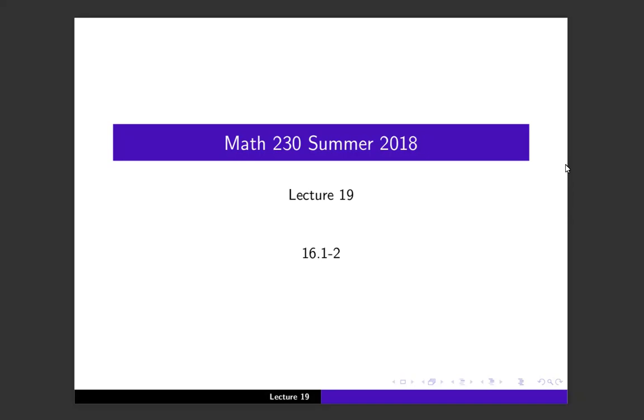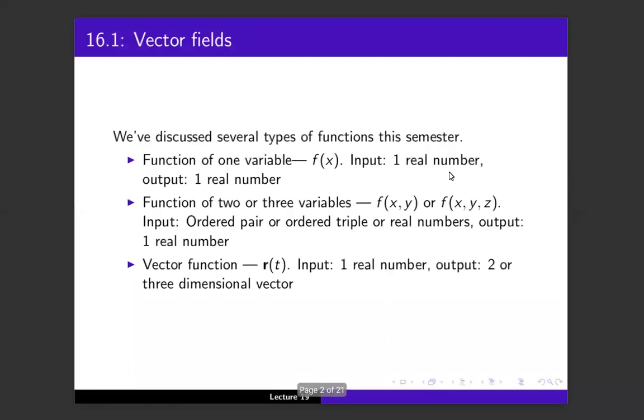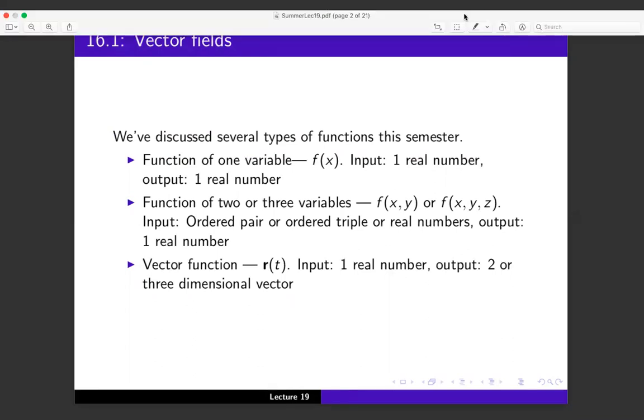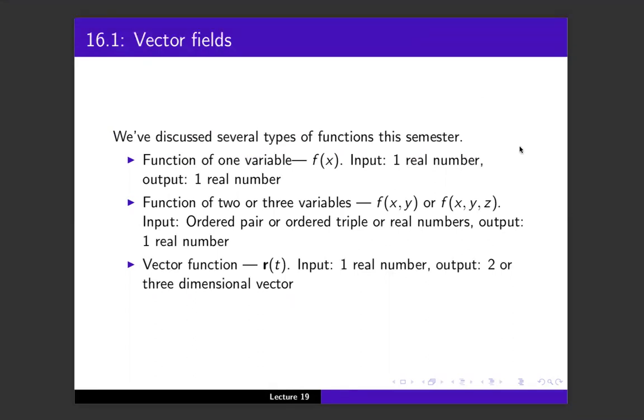And in particular, we're going to be integrating a different kind of object. So far, there are lots of different functions that we've considered over the course of this entire semester. Usually those have been functions of one, two, or three variables, which we usually write as f of x and y, or f of x, y, and z. And we've also considered vector functions.